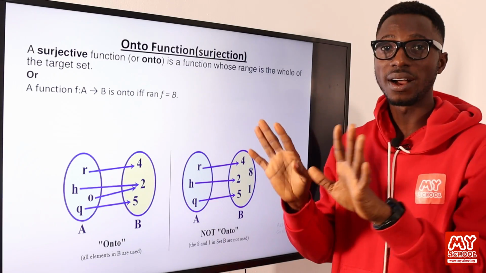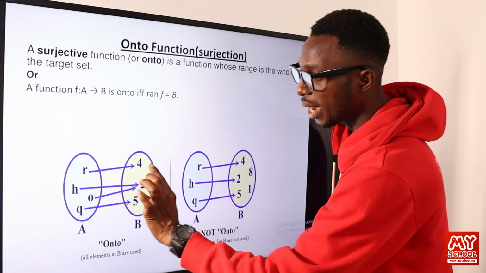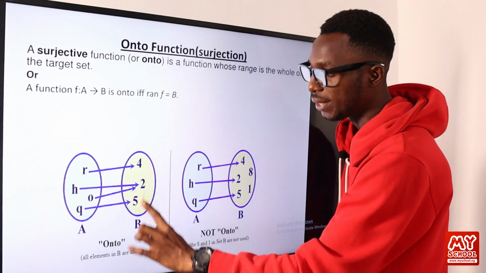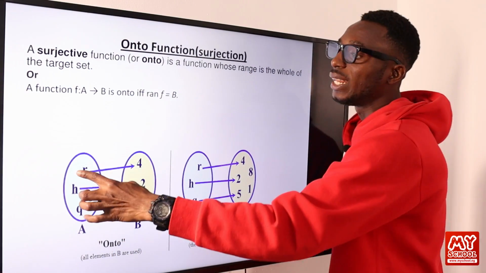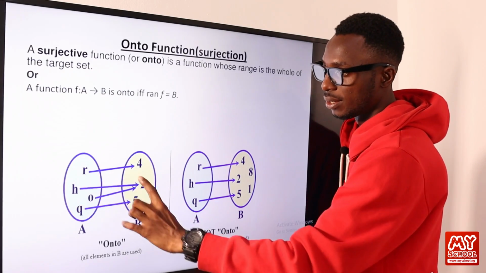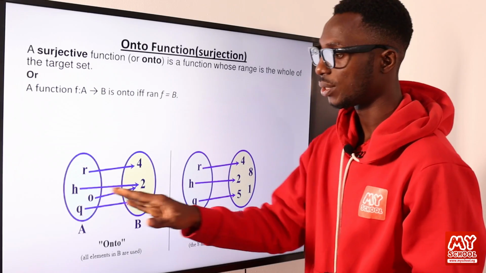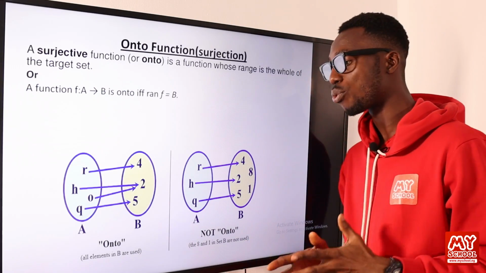All right, let me not bore you with this concept. So look at this. All of the items we have here are the range, and all of them are actually a product of an input. None of them is lying fallow or useless, right? So that is what we refer to as a surjective or an onto mapping.